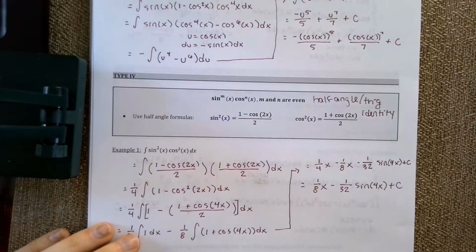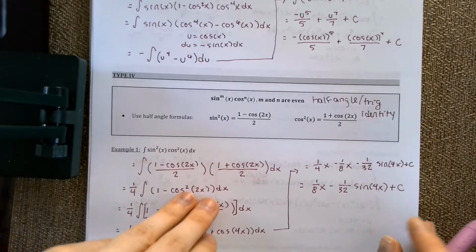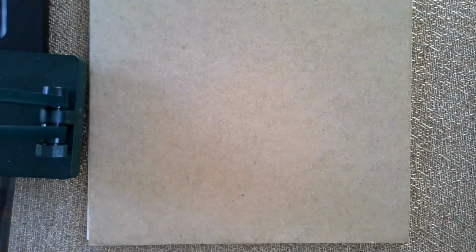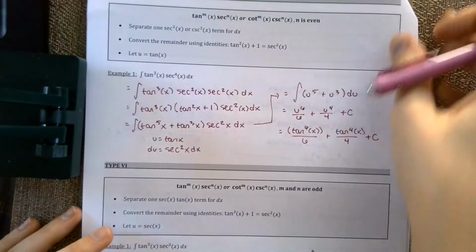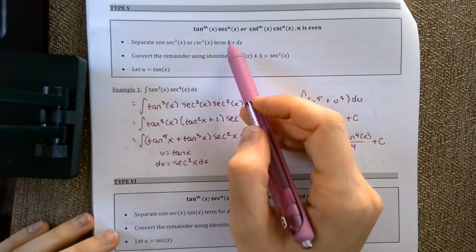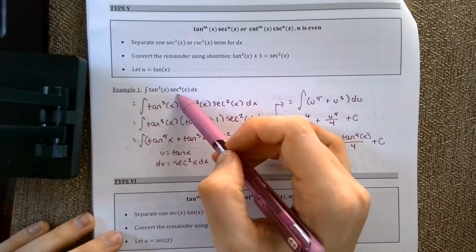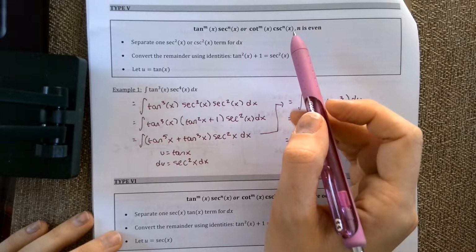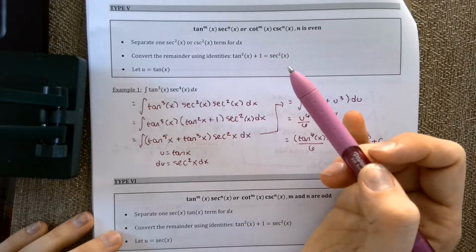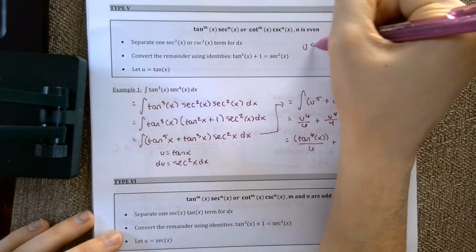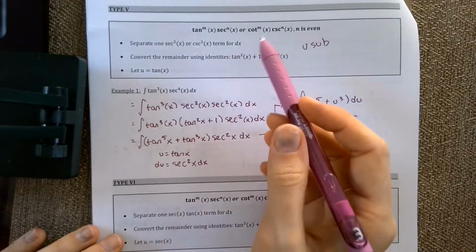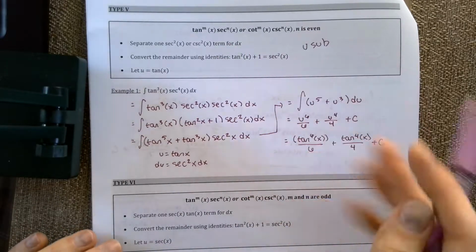But then we have type 5 and 6, which had to do with tangent, secant, cotangent, or cosecant. If I had a mixed integral with tangent and secant, or cotangent and cosecant, and the power on the secant or cosecant was even, I was going to try a u sub. That's the difference between using sine and cosine versus using secant, tangent, cotangent, cosecant.